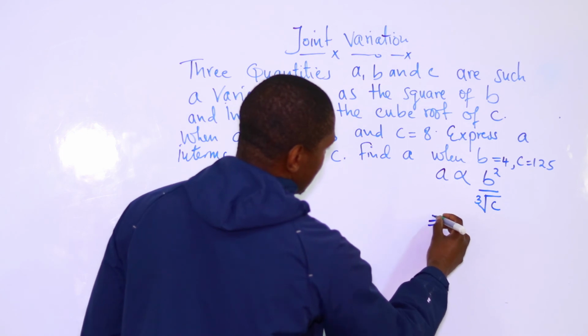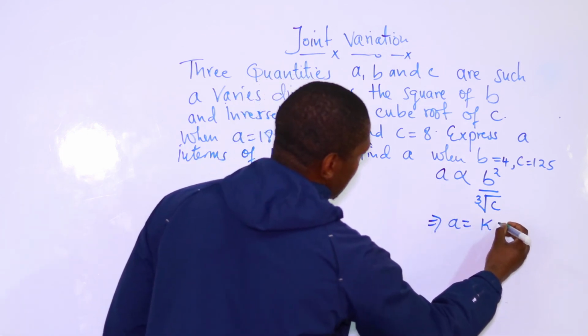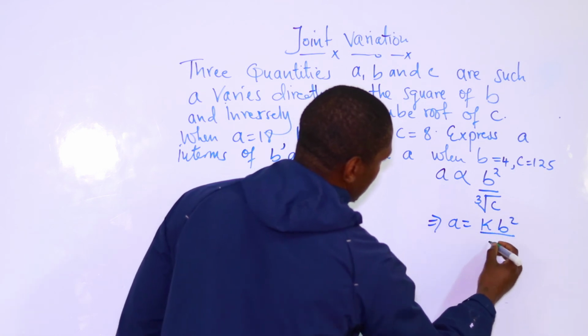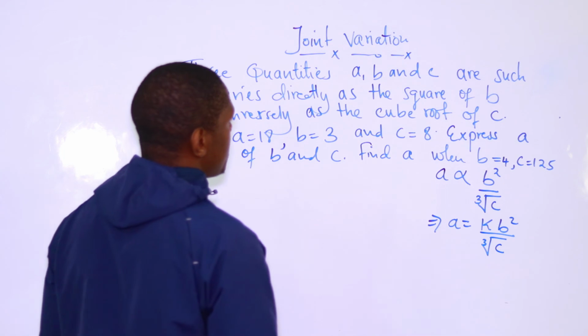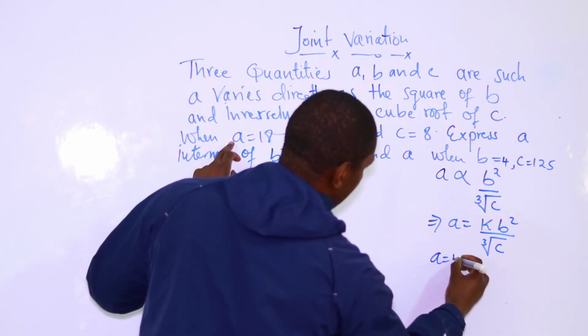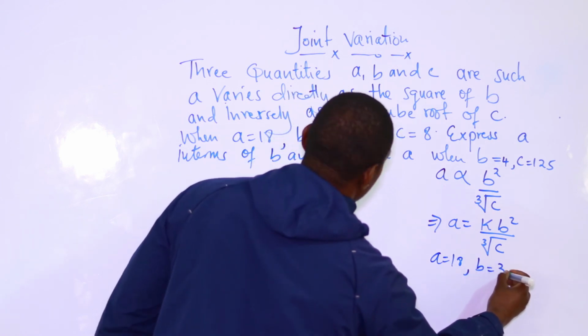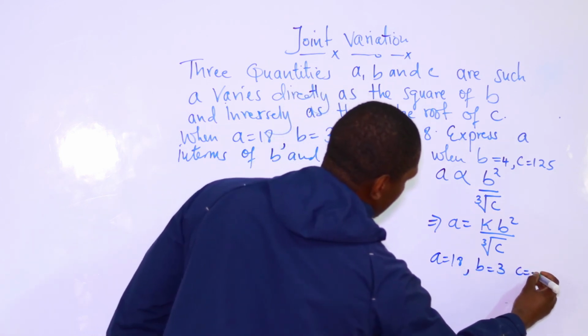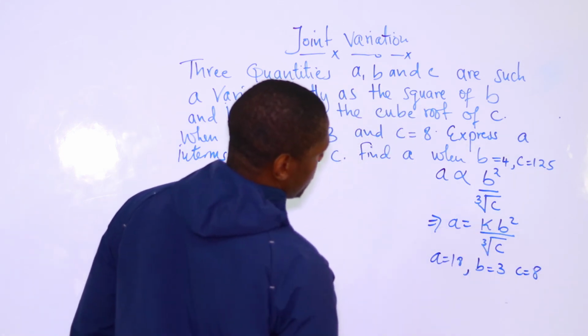So this implies that a is equal to k, a constant of proportionality, times b squared over the cube root of c.